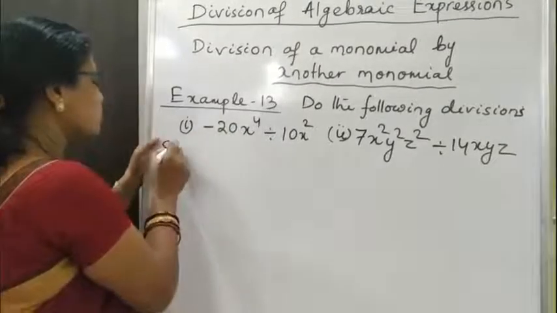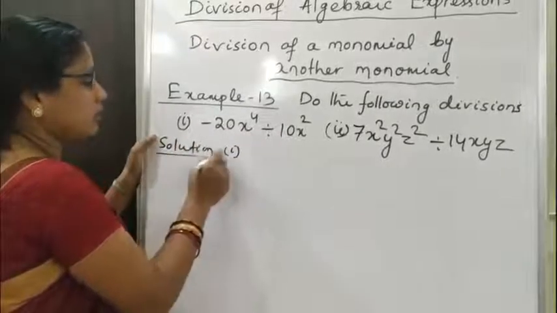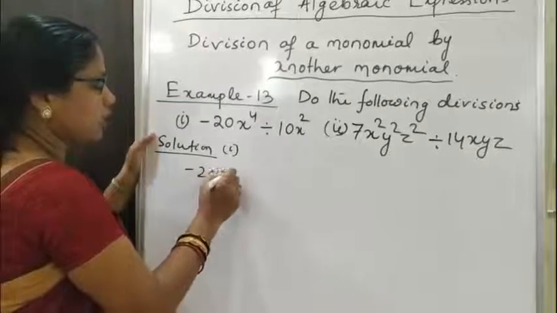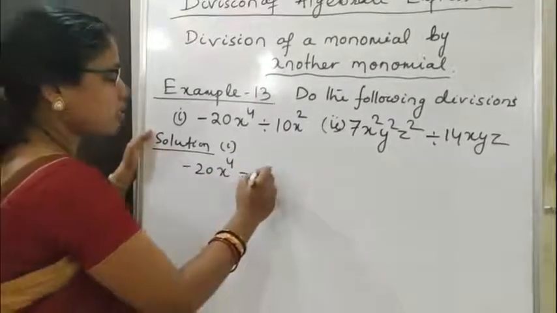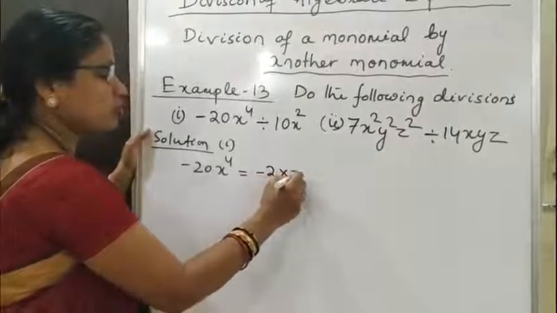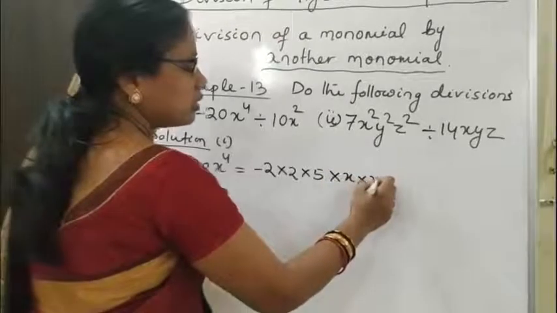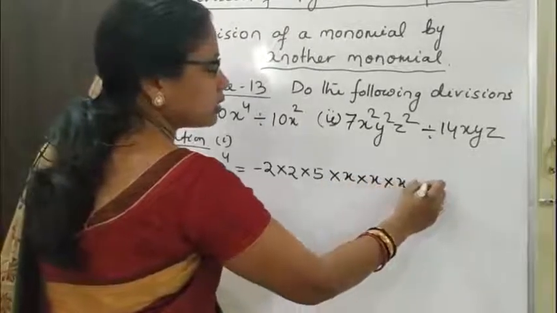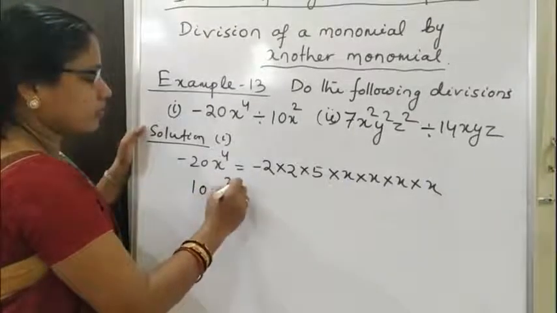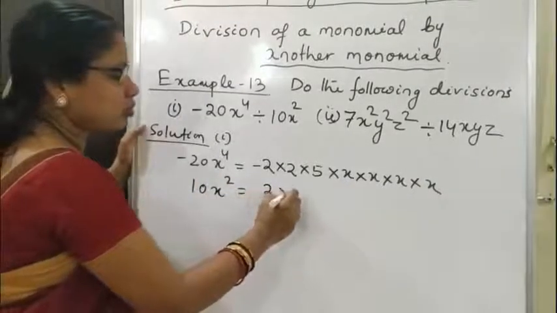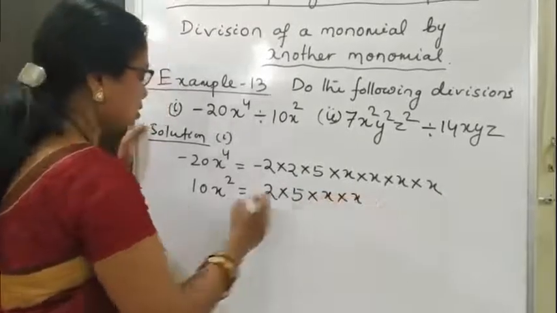So first solution. Minus 20x to the power 4 can be factorized as minus 2 into 2 into 5 into x into x into x into x, and 10x square can be factorized as 2 into 5 into x into x.